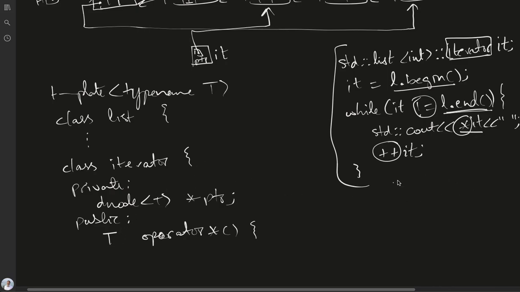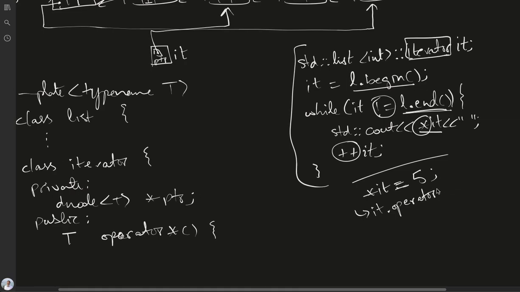But if we want to do something like star it is equal to 5, right? So we want to use this dereferencing operator to change the value. To use this syntax, it is basically equivalent to calling iterator dot operator star, right?